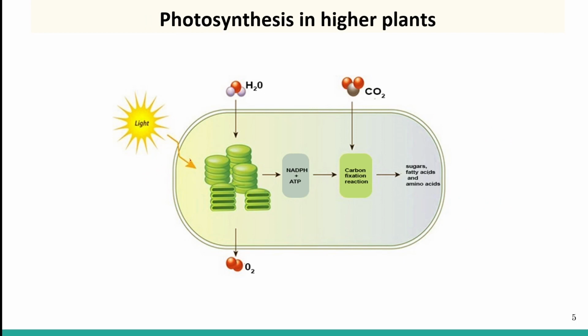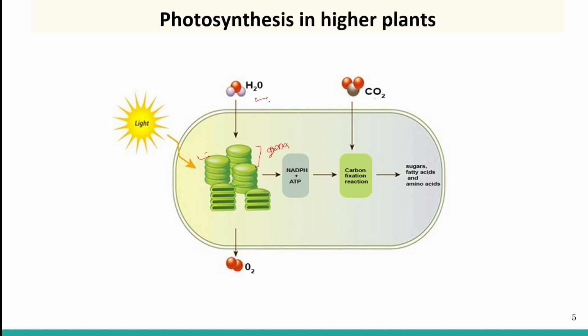Here the light is captured by the pigments which are present in the thylakoid. So this individual one is the thylakoid, okay, this forms the grana. Light is absorbed by the pigment present in the thylakoid membrane, and water is also involved here.